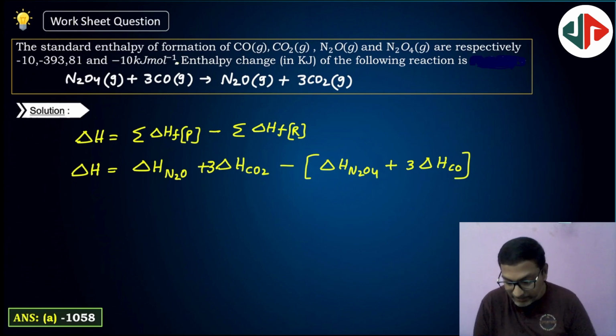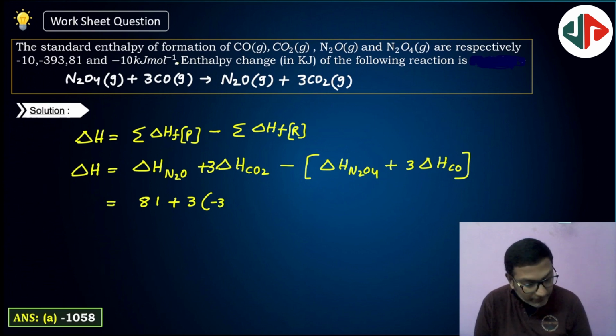So substitute the values. Delta H of reaction equals delta H N2O, value 81, plus 3 into delta H CO2, value given minus 393, minus delta H N2O4, value minus 10, plus 3 into delta H CO, that is also minus 10.